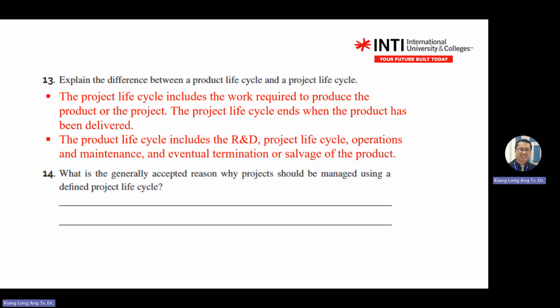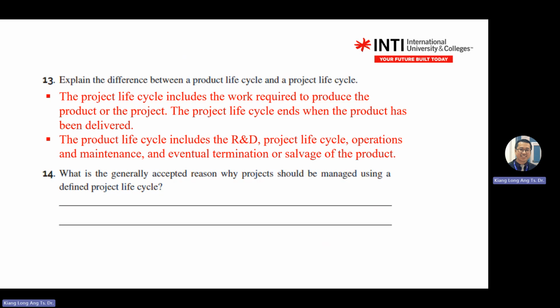Project life cycle ends when the product has been delivered. If you handle a project, the life cycle stops when you deliver the output. Product life cycle is a longer one, involving R&D, project life cycle, operation, maintenance, until termination or salvage of the product.